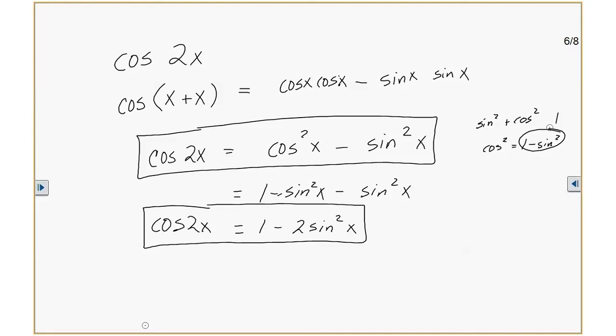Now, do the other way. Solve it for cosine. Solve that over there for sine, and see what you get. Sine squared is equal to what? And plug that in, and see what you get.